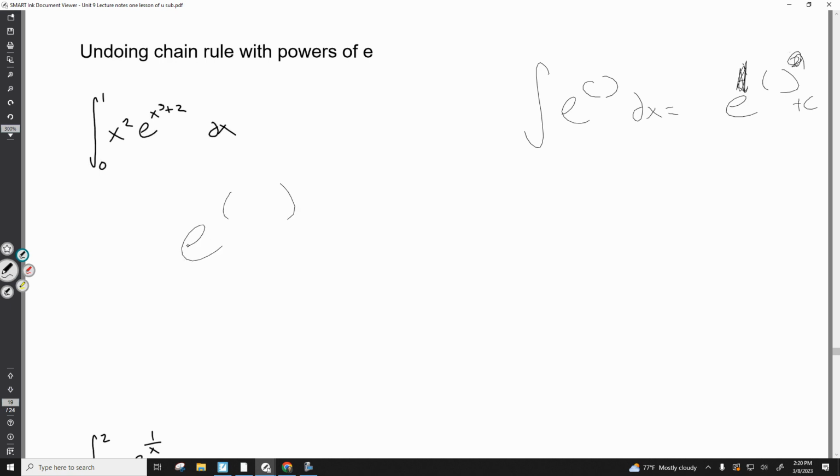So focus on the chain. Undo the chain's derivative. If this is set up correctly, you will be able to undo the product, so you just have a chain.